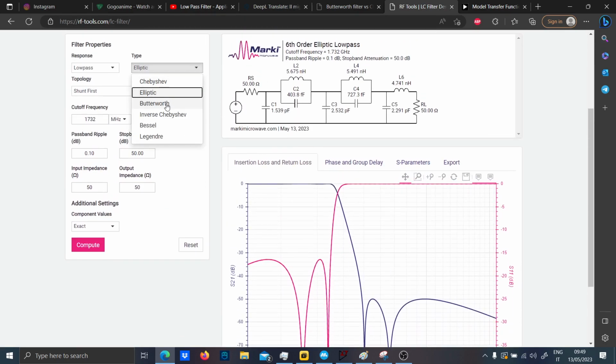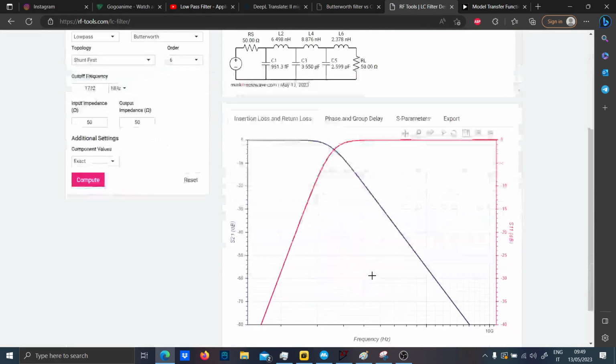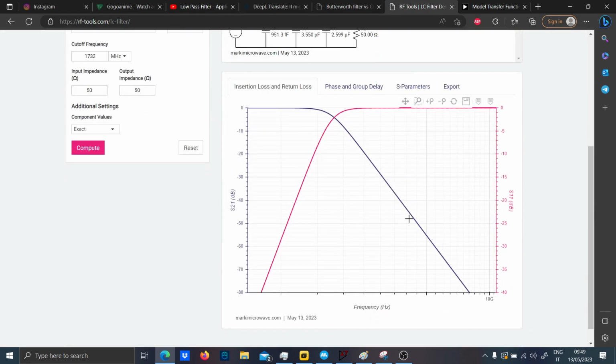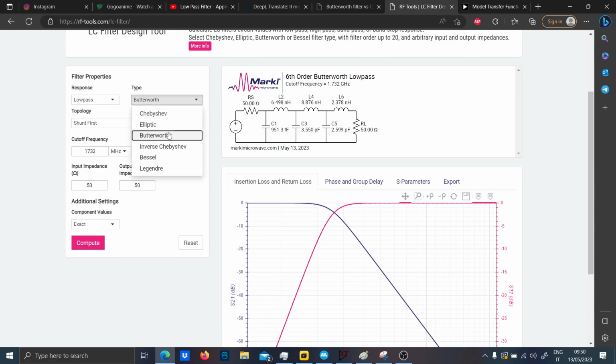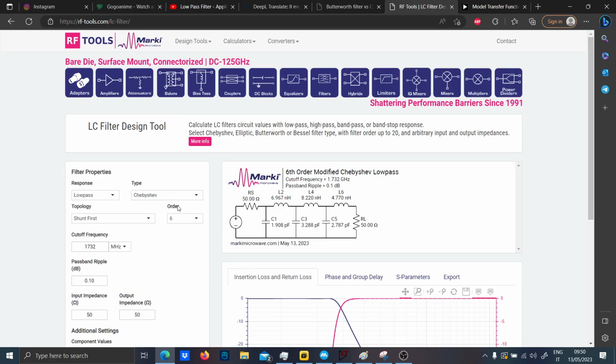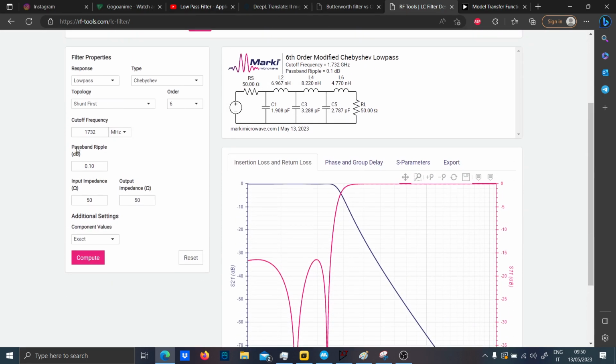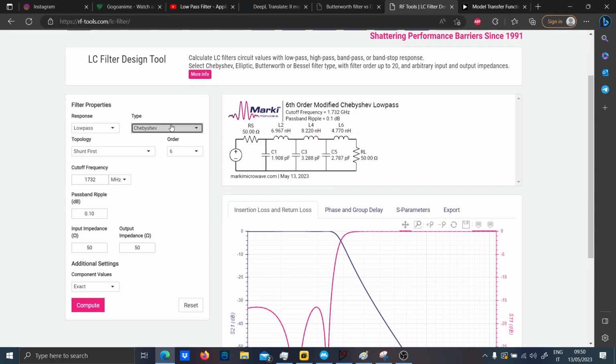If you do also design the Butterworth, the attenuation is very smooth, and the flat band has no ripple. If you do instead the Chebyshev, the higher the order, very well. This looks very attenuated because I put the passband ripple of 0.10, but in reality it is way higher than you can imagine.